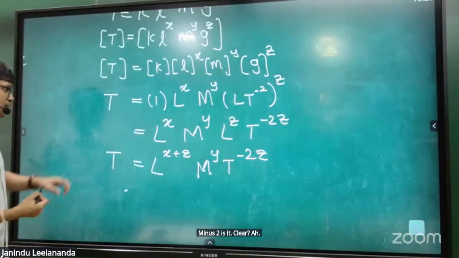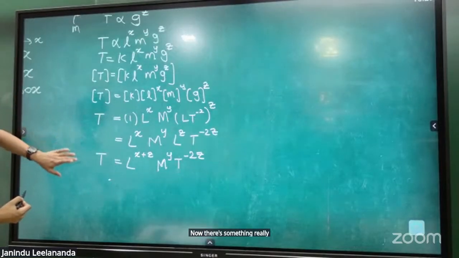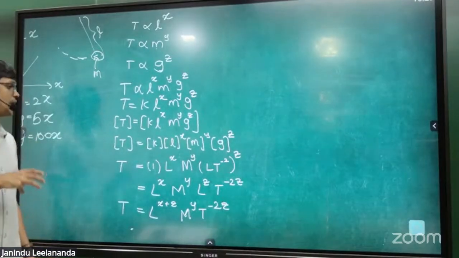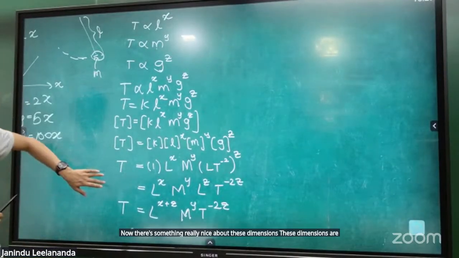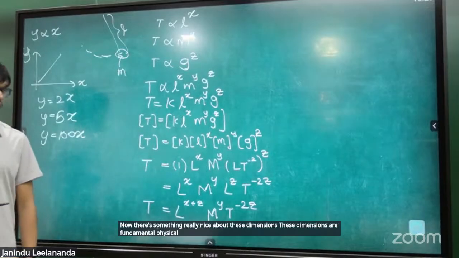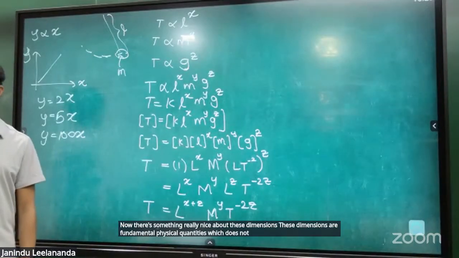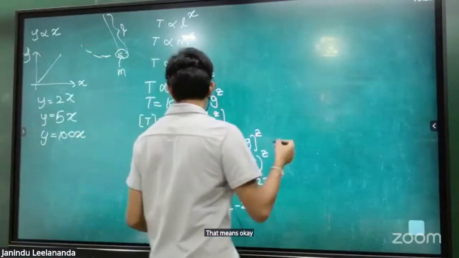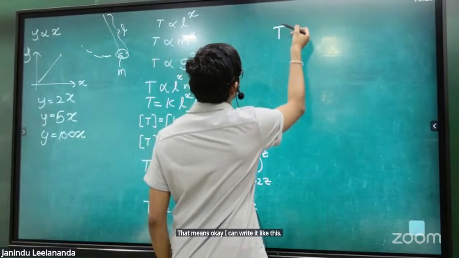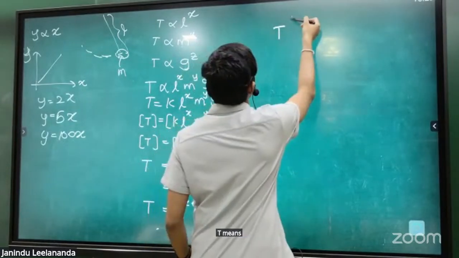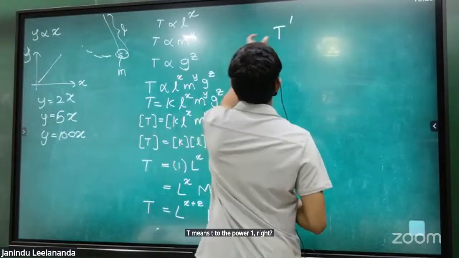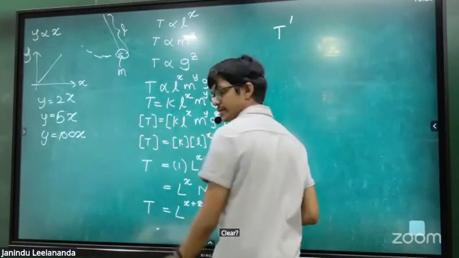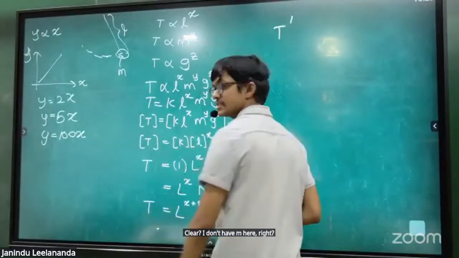Now there's something really nice about these dimensions. These dimensions are fundamental physical quantities which do not depend on anything else. That means I can write it like this. I have T here. T means T to the power 1, right? Clear? I don't have M on this side, right?